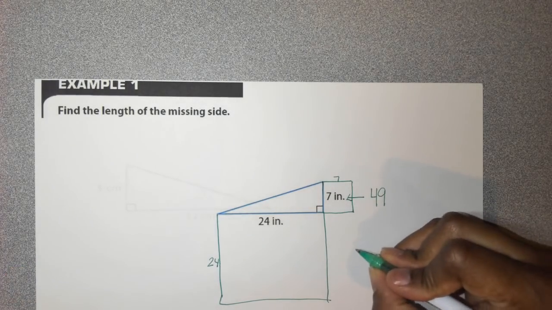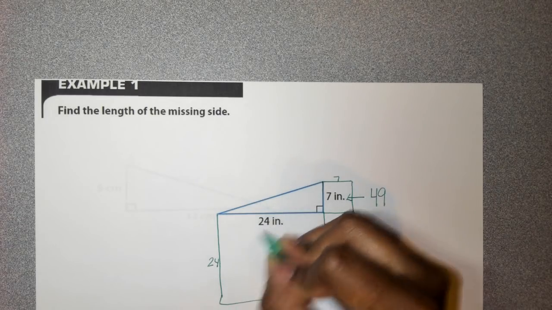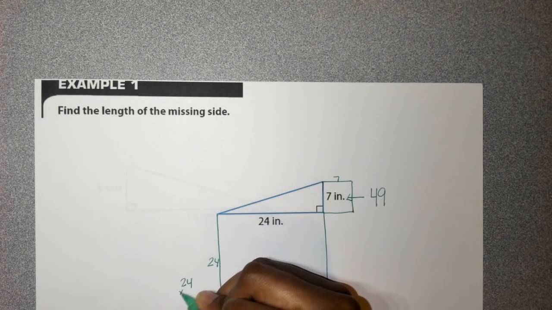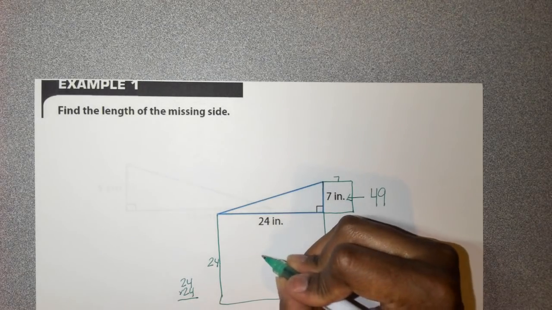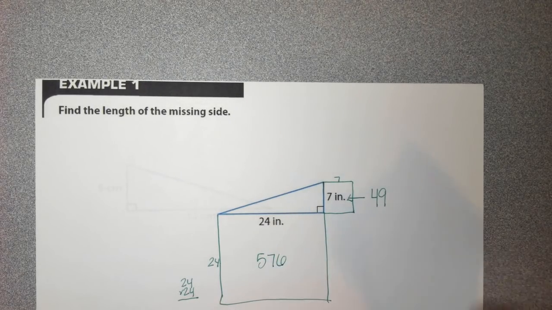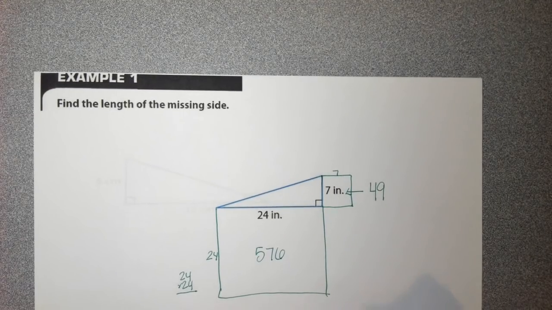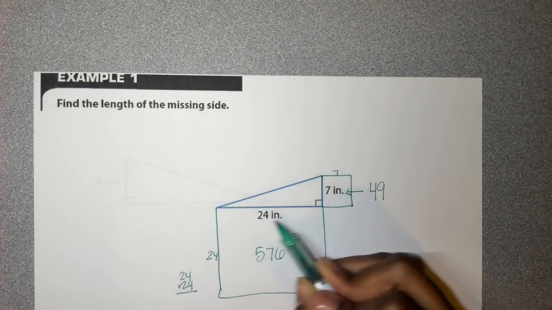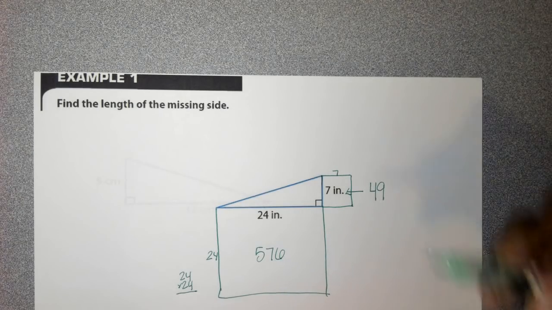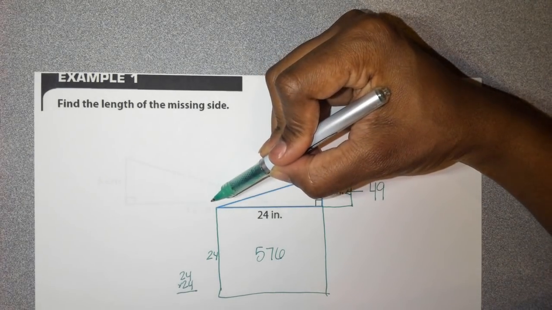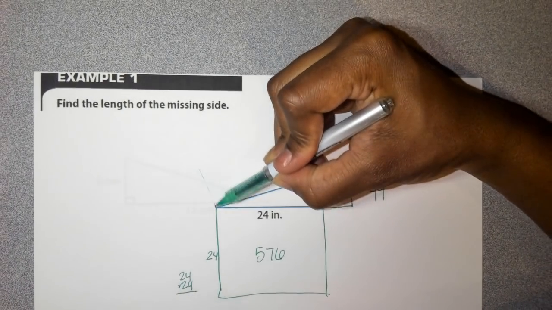So what we would do is 24 times 24, which is going to give us a total of 576 squares. So in this larger square, we have 576 smaller squares. And so we're going to draw the last square.